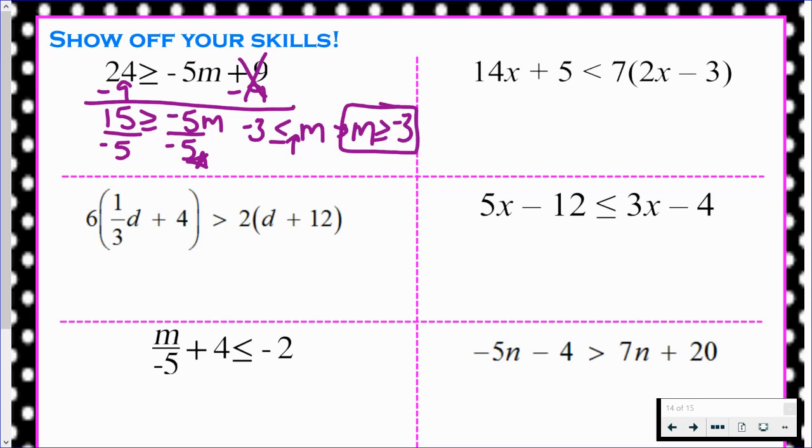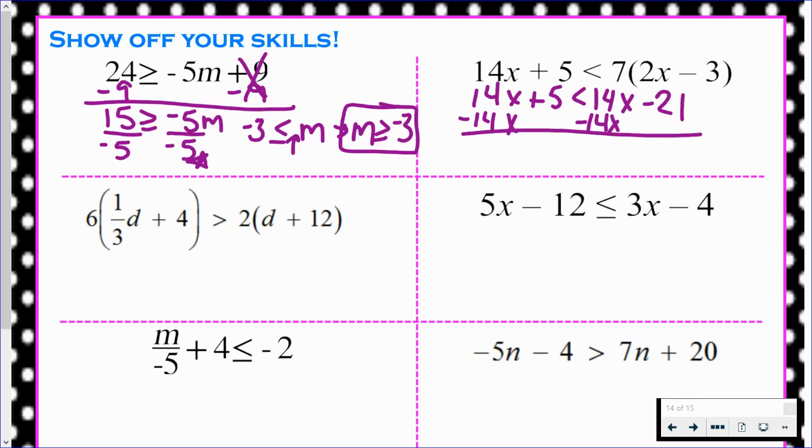Okay, let's go to the next one across. 14x plus 5 is less than 14x minus 21. If you subtract 14x from both sides, you're going to notice that they cancel out, leaving you 5 is less than negative 21.